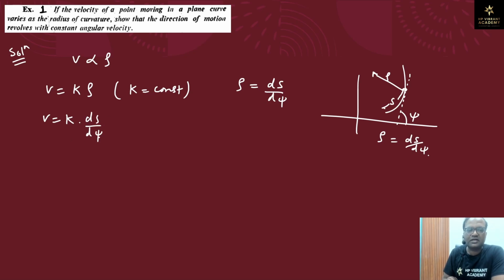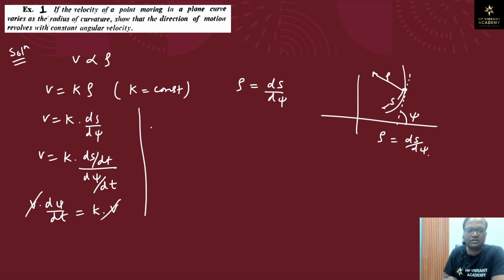So let us divide by dt in the numerator and denominator. So we have v is equal to k into (ds upon dt) upon (d psi upon dt). We can take d psi upon dt to the LHS. So v into d psi upon dt is equal to k into ds upon dt. We can write ds upon dt as v. So this gets cancelled.